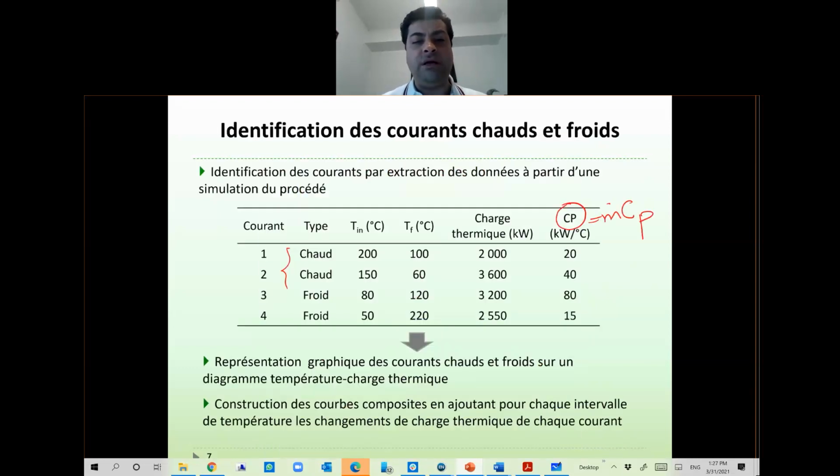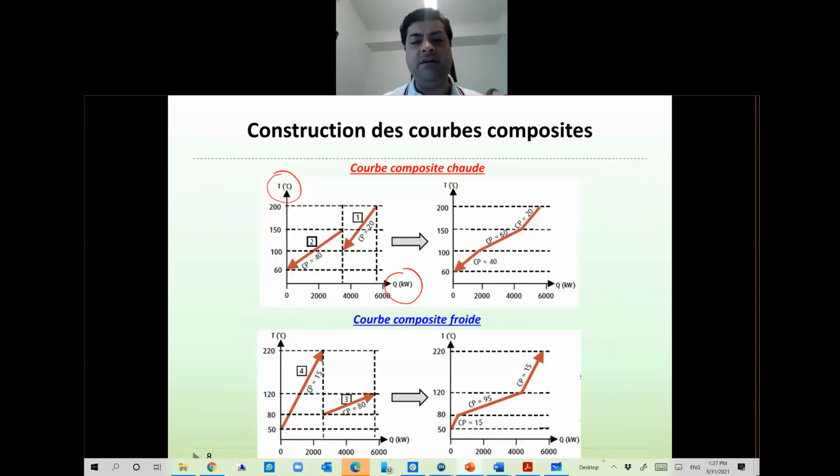Okay, so back to this case study here. If you plot those streams in terms of temperature range and the energy that they need to lose to be cooled down, this is the stream 1 from 200 to 100 Celsius, and stream 2 wants to be cooled down from 150 to 60.